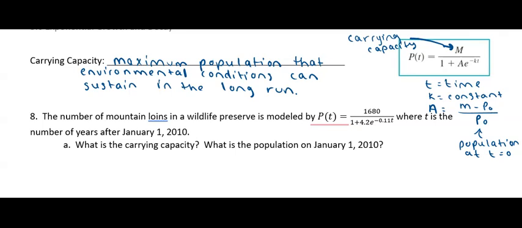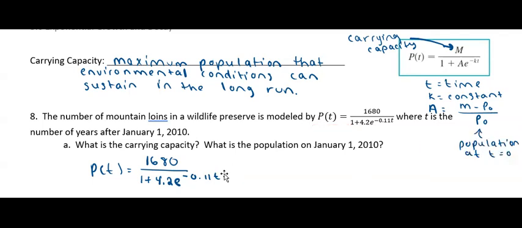We have our model. We have P of T is equal to 1680 divided by 1 plus 4.2 e to the negative 0.11 t. And that is just what we were given here for our population equation.